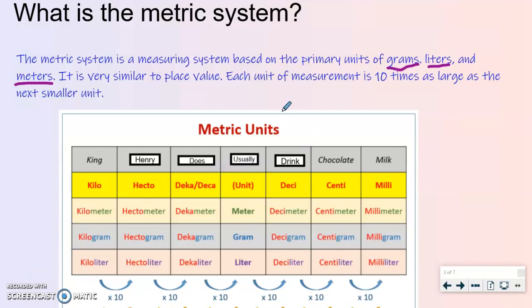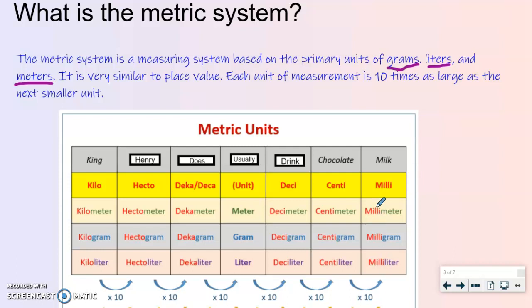So this is a chart explaining the metric units. I really like it because it has everything kind of in one place. And so these red words up here are prefixes, and I'm sure you've learned about prefix already in language arts, how that's a part that goes to the beginning of a word.